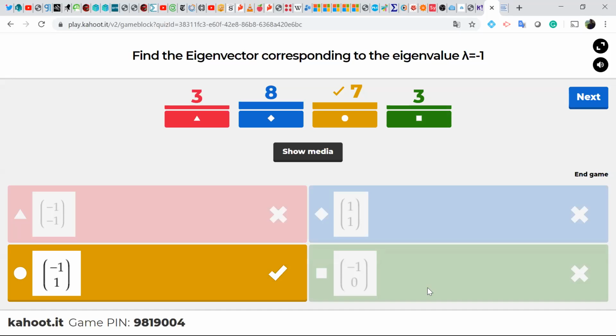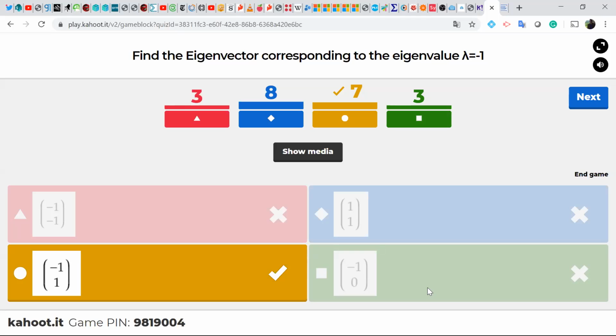So the right answer is -1 and 1. But maybe you find -2 and 2. Obviously, the right answer is -1 and 1 because it's a multiple of -2 and 2. In a similar fashion, you could have -1/2 and 1/2, and it's a multiple of -1 and 1.